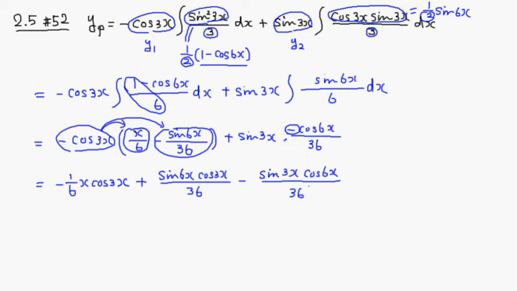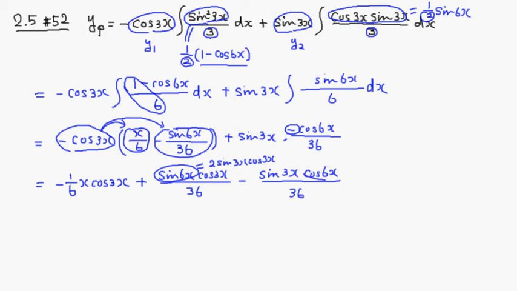Then we're going to try to rewrite it as much as possible. We can rewrite sine of 6x as 2 times sine of 3x times cosine of 3x, which is nice.